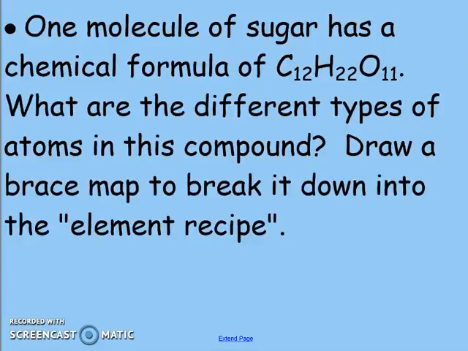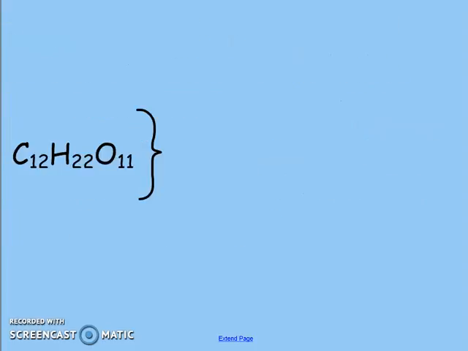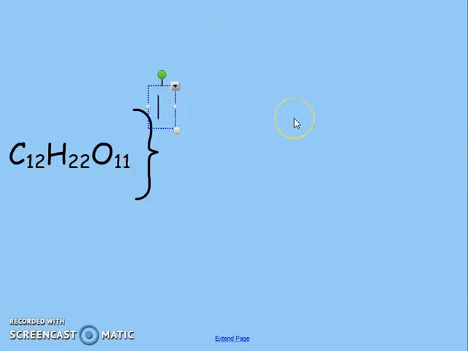One molecule of sugar has the formula C12H22O11. If we think about those different parts, we're going to break that down into what we call a brace map, and it's kind of like our recipe. We're going to see how much we have of each. If we write out how much we have, it's C 12 times.